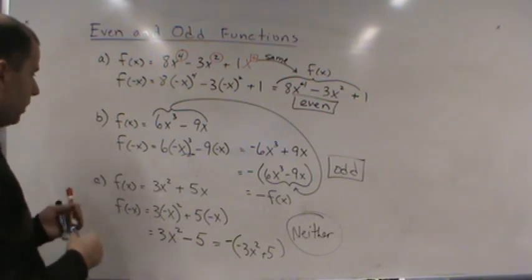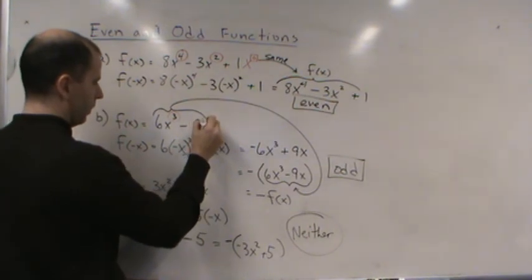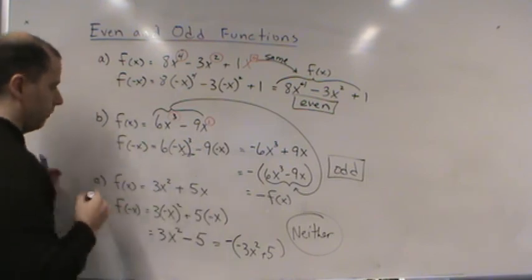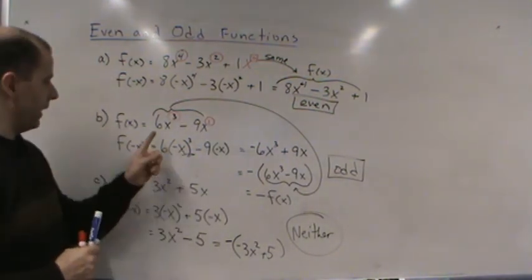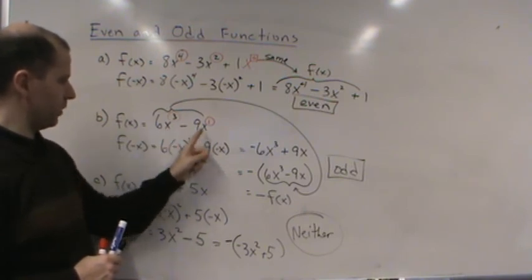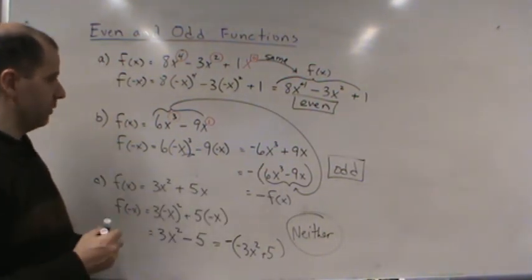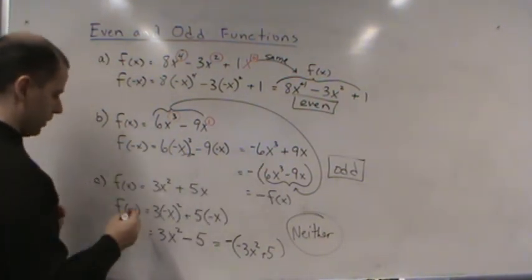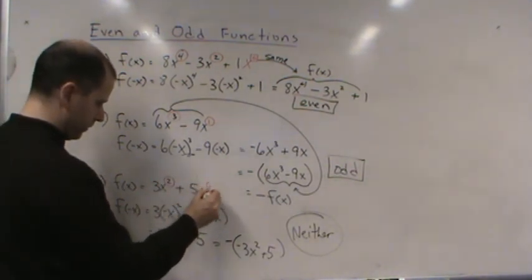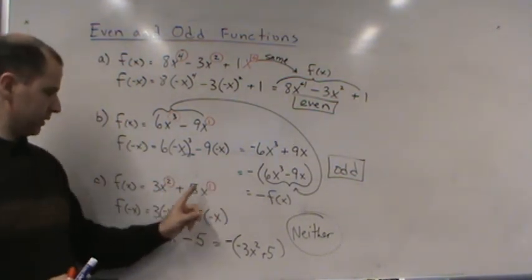And if you notice with this one here, all the exponents on the x terms are odd, and so we end up with an odd function. And then notice on the last one, there's a mixture of even and odd exponents.